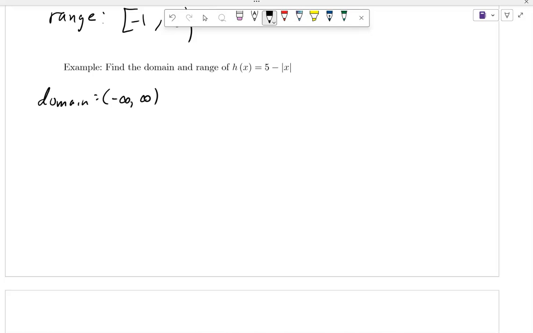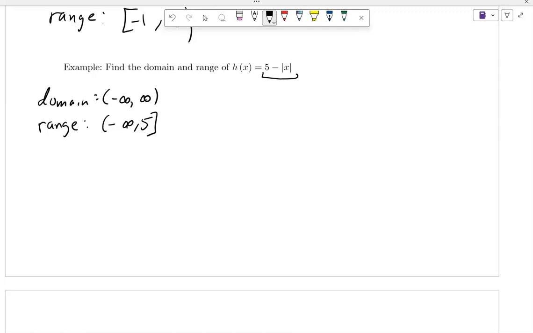So if the smallest this ever can get is 0, what's the biggest 5 minus that thing could ever get? 5. So 5 is the absolute highest you could ever get. Good, negative infinity to 5. And am I going to use a parenthesis or a bracket on the right-hand side? A bracket, because we can actually hit the 5.